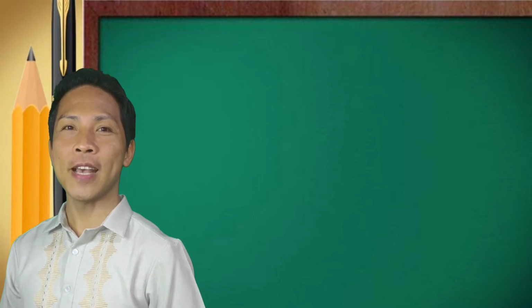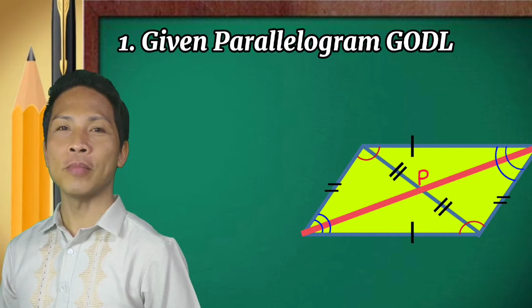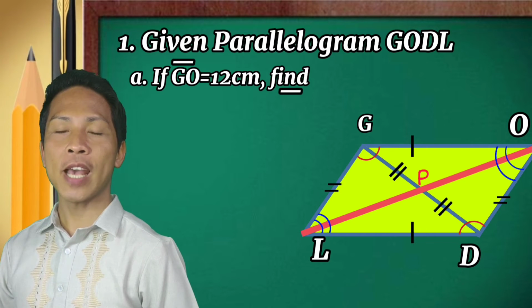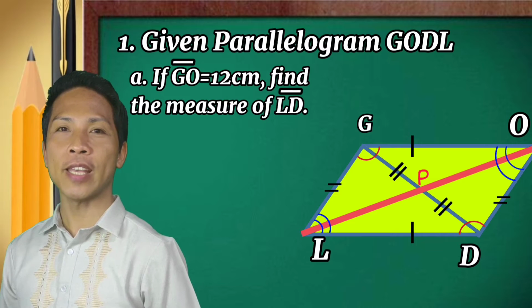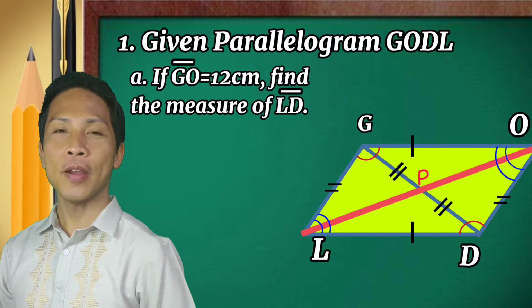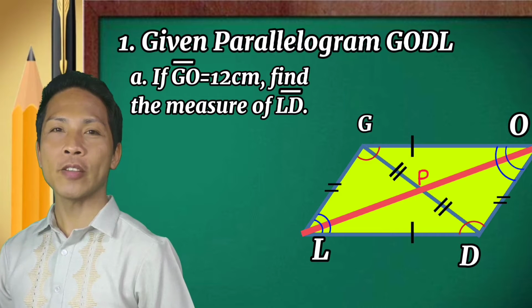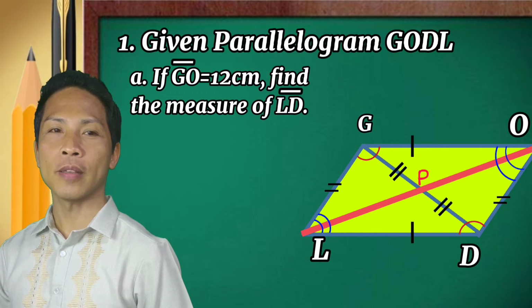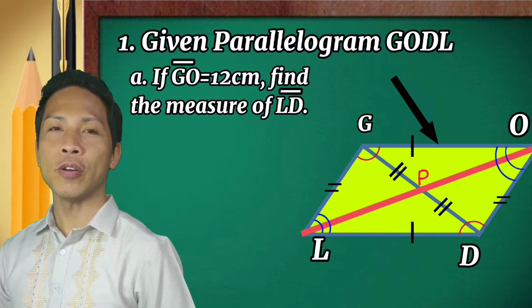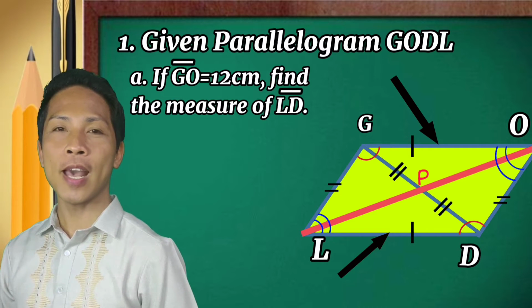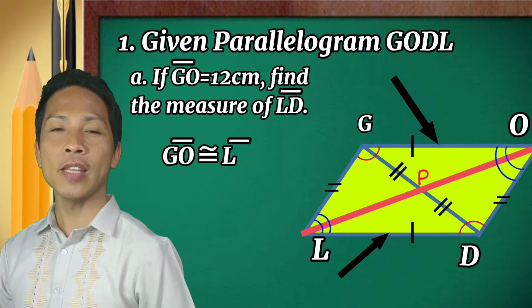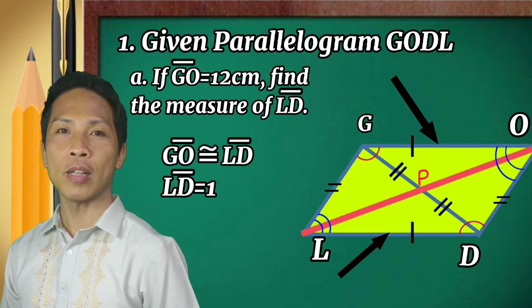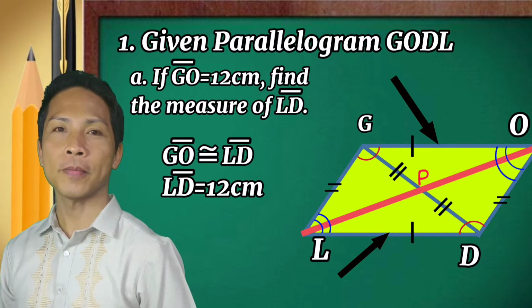Let us take the first example. Given parallelogram GODL, if side GO equals 12 centimeters, find the measure of side LD. Remember, opposite sides of a parallelogram are congruent. Side GO and side LD are opposite sides. So if side GO equals 12 centimeters and side GO is congruent to side LD, then side LD equals 12 centimeters.